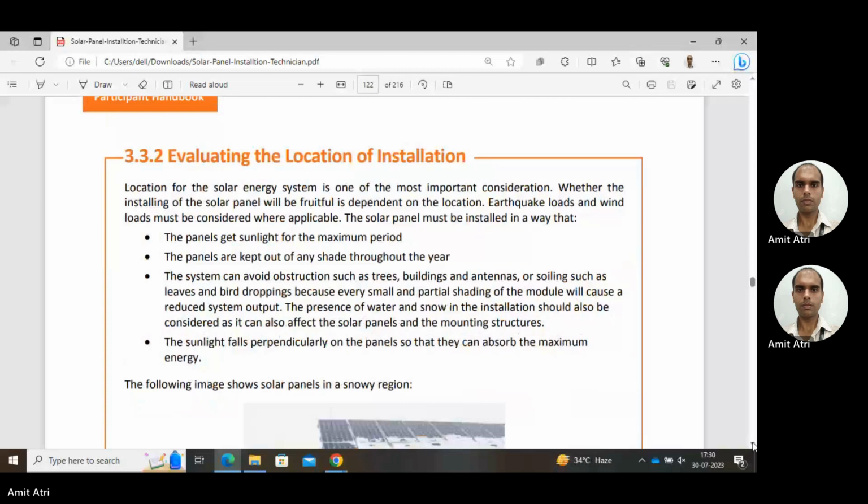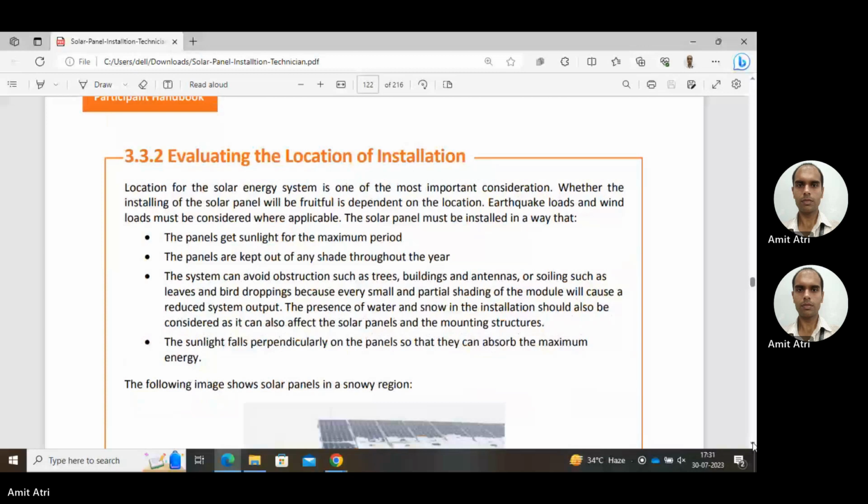The solar panel must be installed in a way that the panels get sunlight for the maximum period. First requirement: the maximum availability of sunlight. It should not be that another building causes shading on our structure, because then our purpose of installing this panel won't be served. The panels should be kept out of any shade throughout the year, so shading we have to avoid.